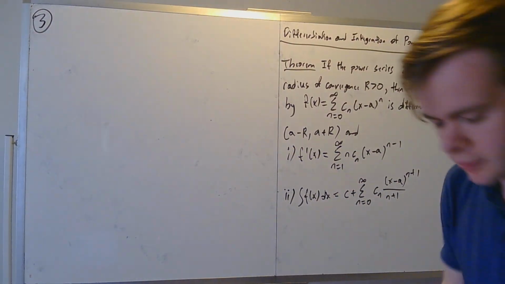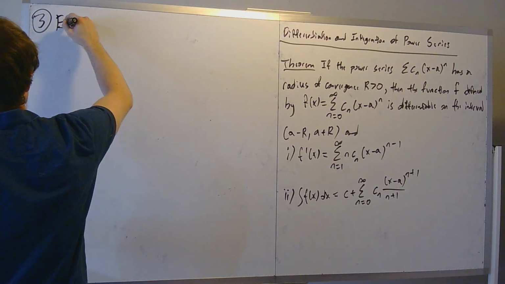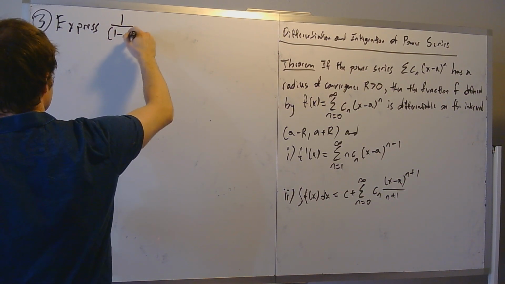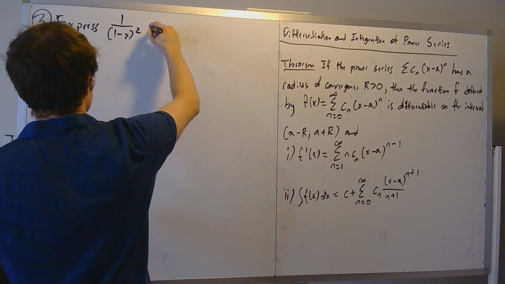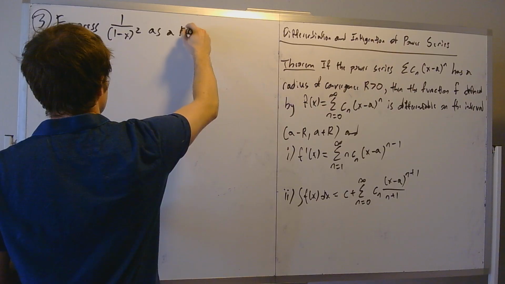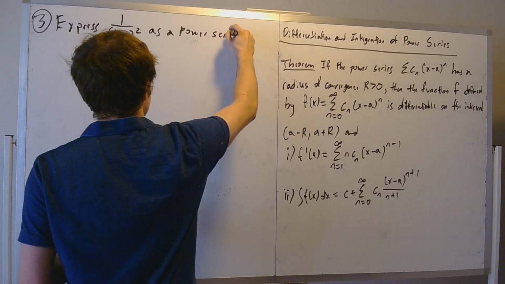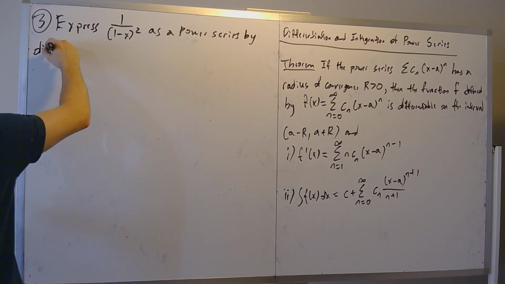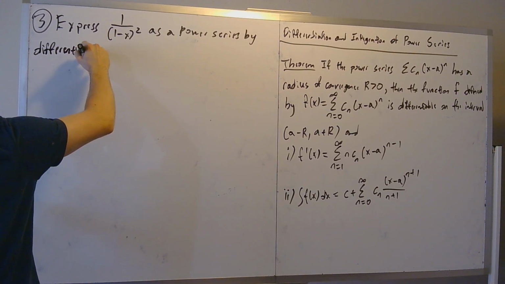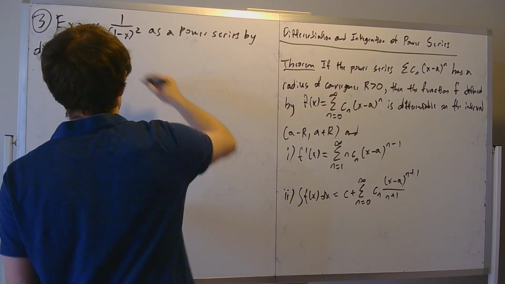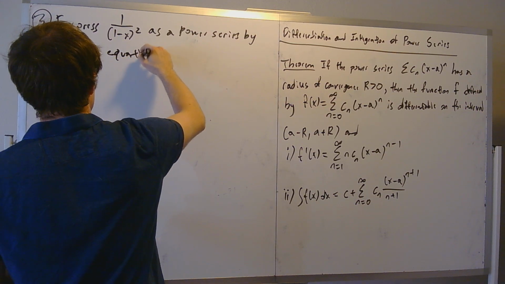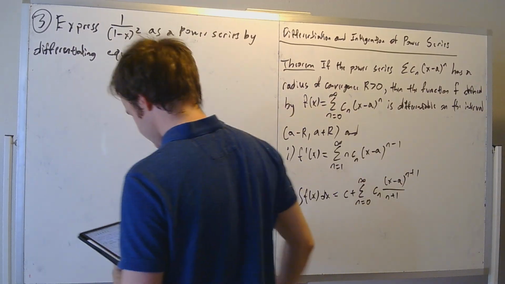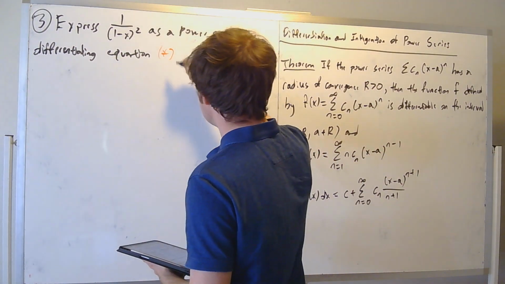Example number 3 says express 1 over 1 minus x to the power of 2 as a power series by differentiating equation star, and what is the radius of convergence?